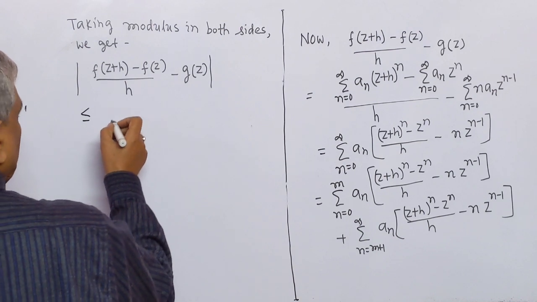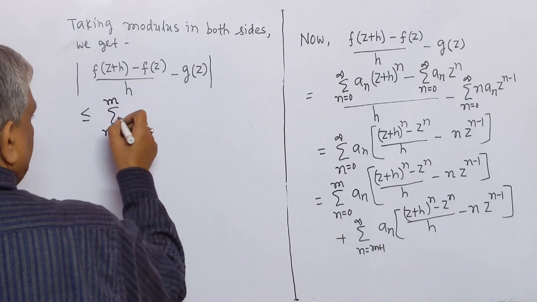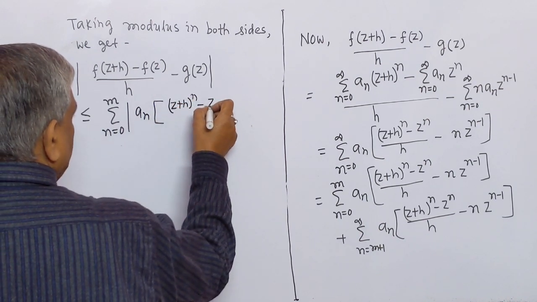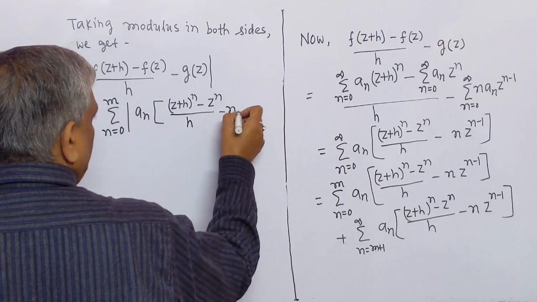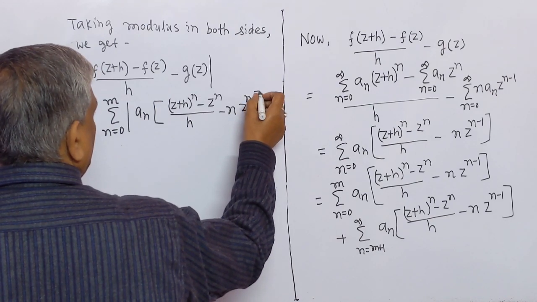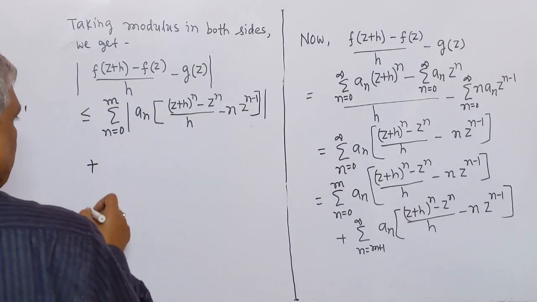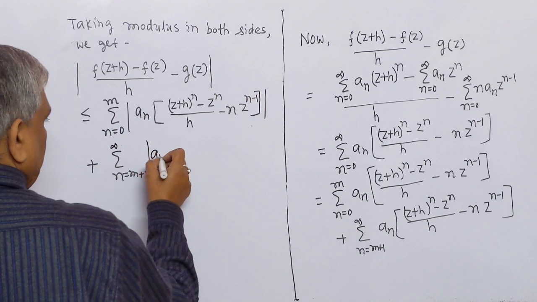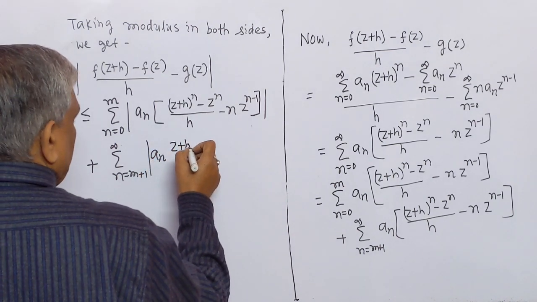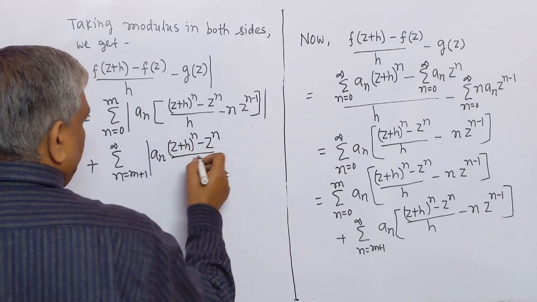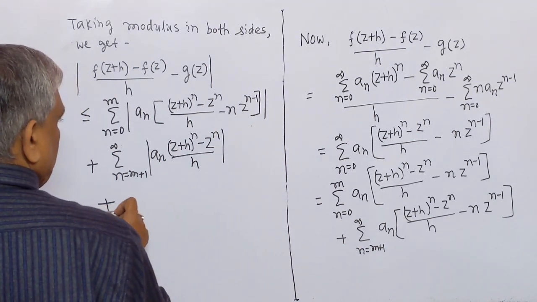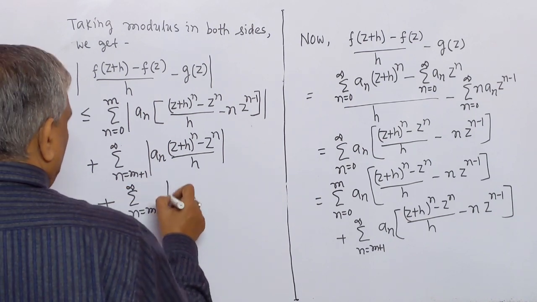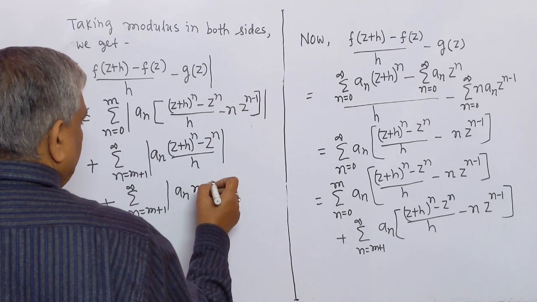This is less than or equal to sigma n equal to 0 to m modulus of a_n ((z plus h) to the power n minus z to the power n) by h minus n z to the power n minus 1, plus sigma n equal to m plus 1 to infinity modulus of a_n ((z plus h) to the power n minus z to the power n) by h, plus sigma n equal to m plus 1 to infinity modulus of a_n n z to the power n minus 1.